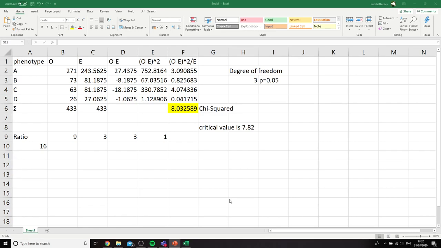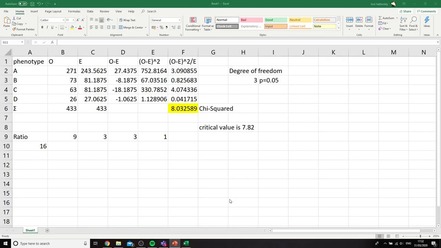So that is it. That's all I've got. This is now your working Excel spreadsheet for chi-squared.